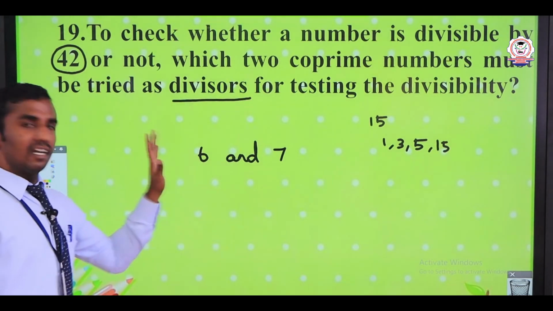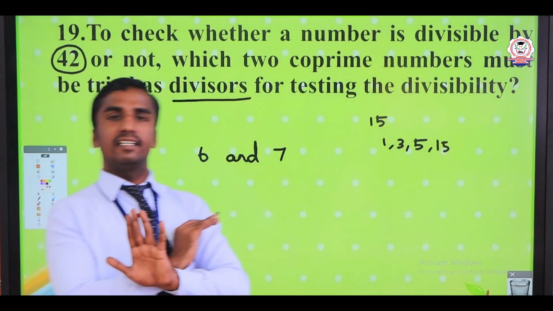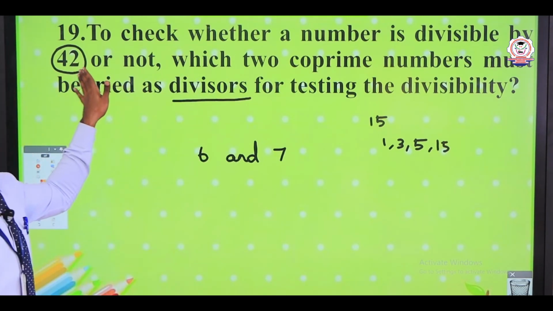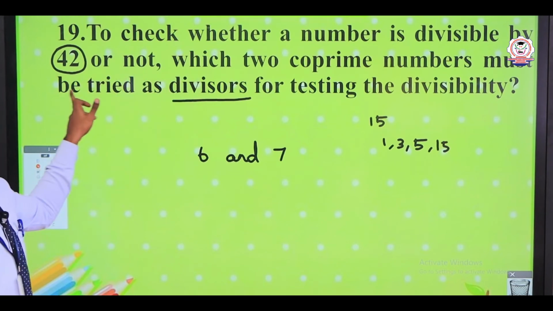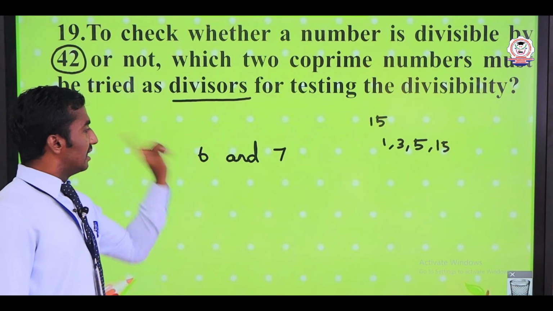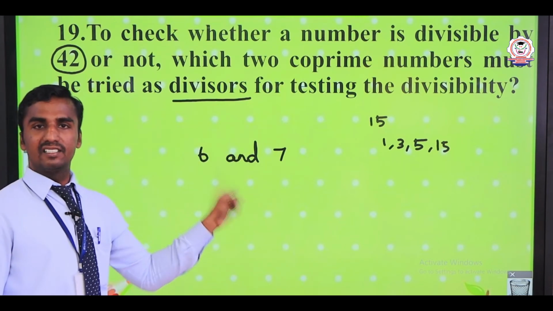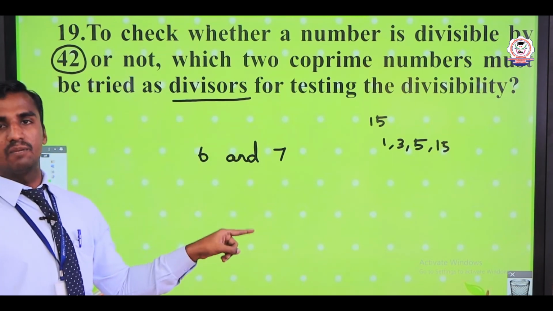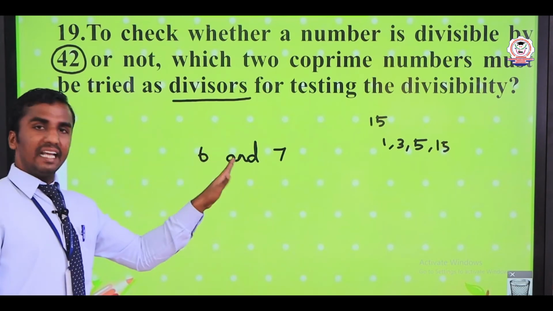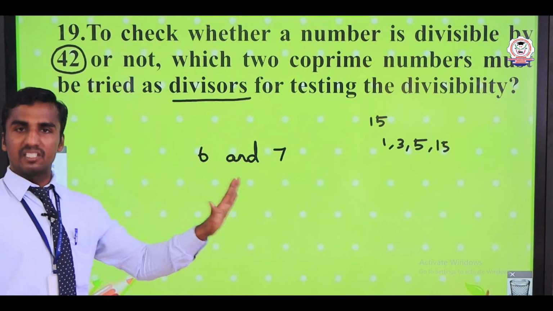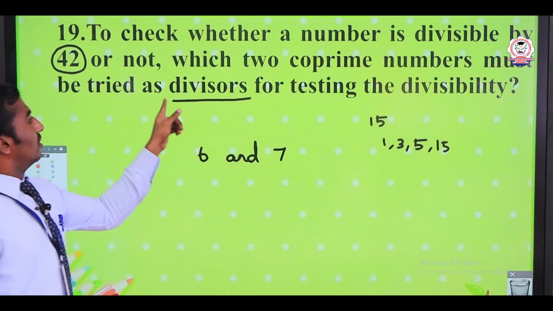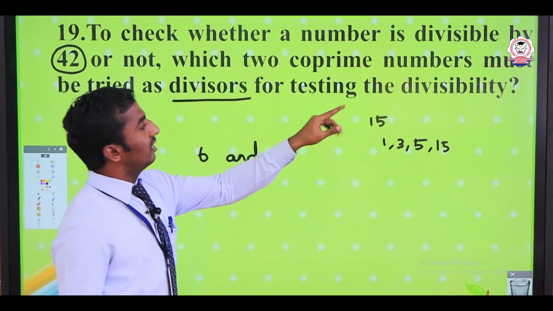If one is not satisfied, then the number is not divisible by 42. So 6 and 7 are the divisors for testing the divisibility.